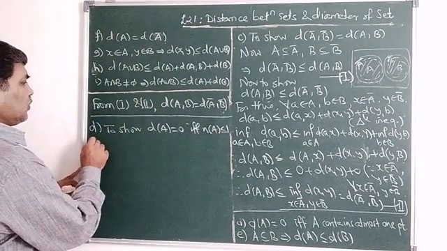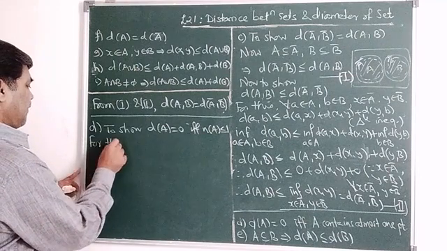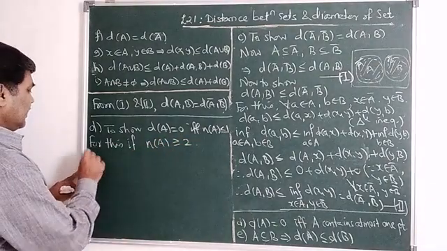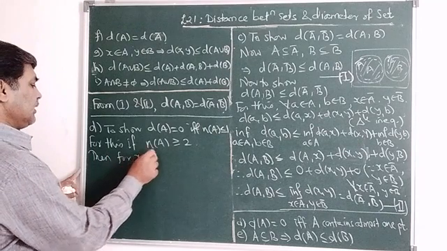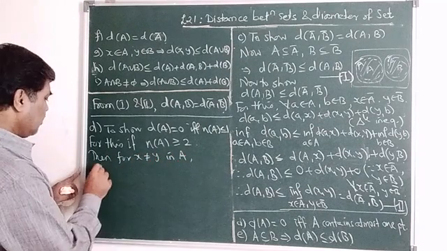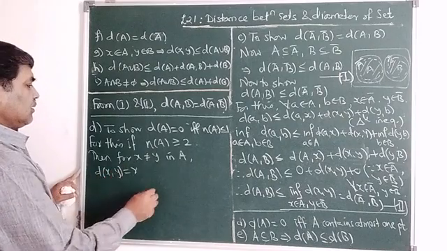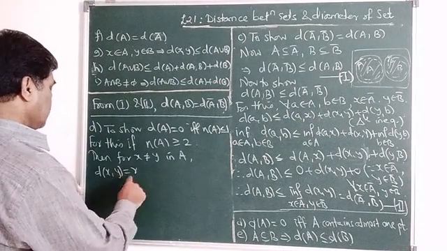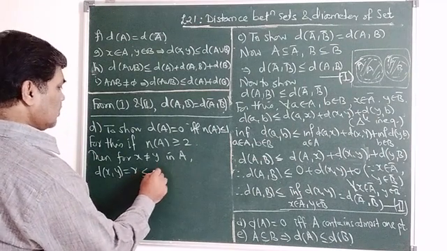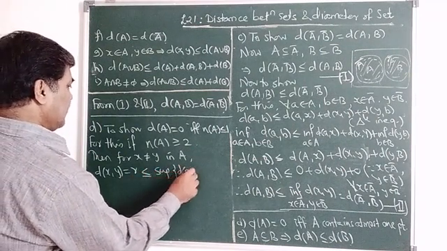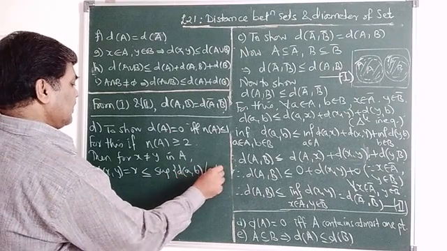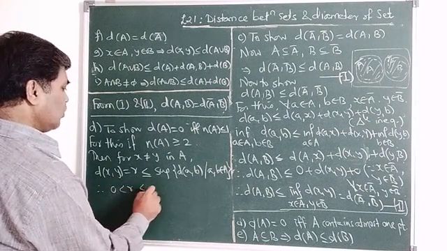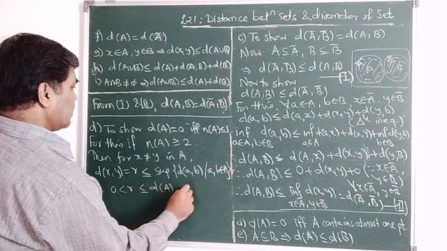Suppose the number of elements in A is greater than or equal to 2, then for x not equal to y in A, d(x,y) equals r, where 0 is less than r, which is less than or equal to the supremum of d(a,b) where a, b are in A, and therefore 0 is less than r less than or equal to diameter of A. Contradiction.